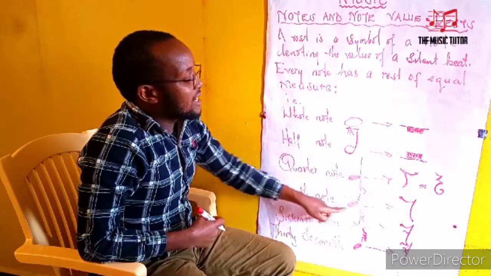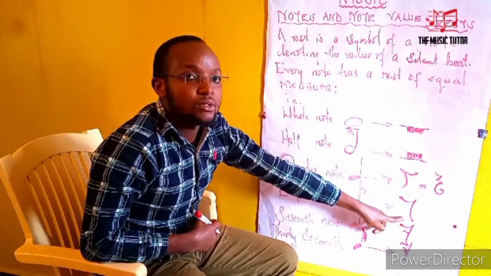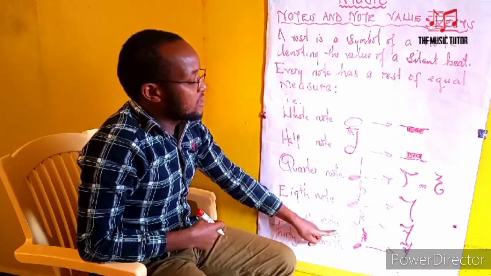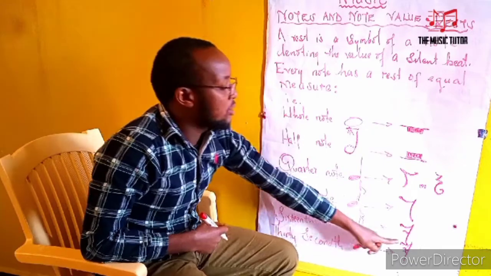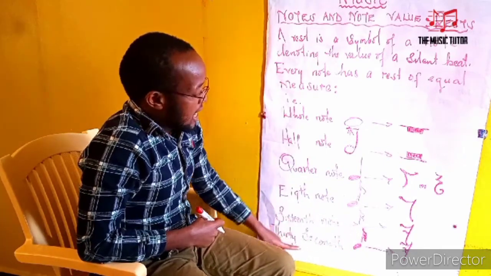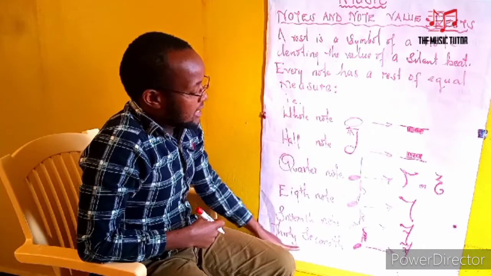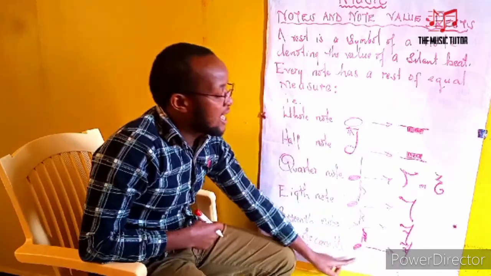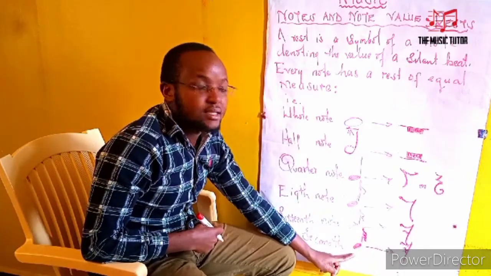The 8th note carries the same value of silence as a quaver beat. The 16th note carries the same value of silence as a semiquaver beat. And similarly, the 32nd note carries the same value of silence as the semi-demi-quaver.